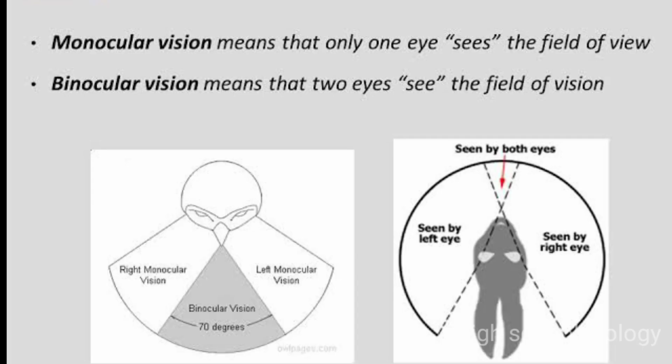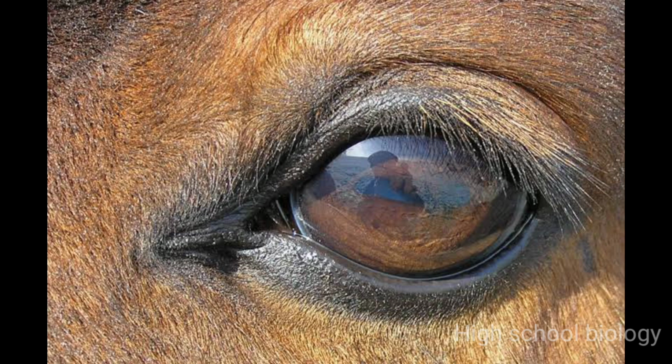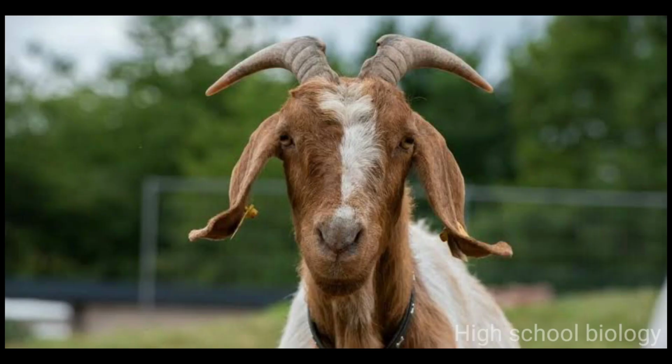Monocular vision brings an increase in the net field of view and limits depth perception. The creature loses the ability to see objects on one side totally if an eye is damaged. In these animals, eyes are located on opposite sides of the head. For example, herbivores like rabbits, goats, cows, deer, etc.